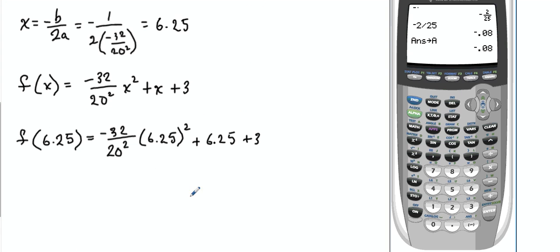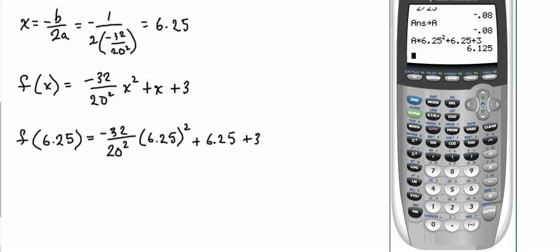So that's not going to be a problem. Okay, so let's get back to typing this in. To find f of 6.25, I'm going to get back A, and that's going to be multiplied by 6.25 squared plus 6.25 plus 3.